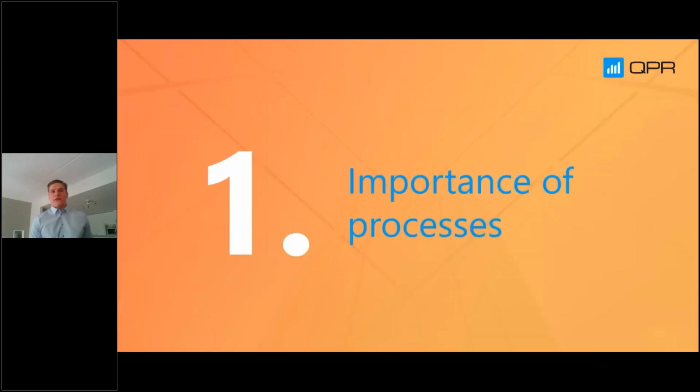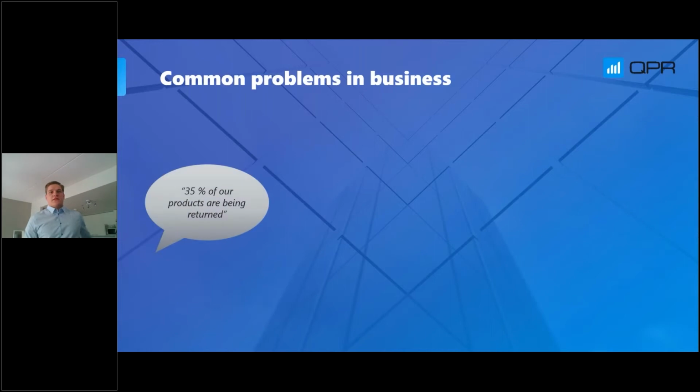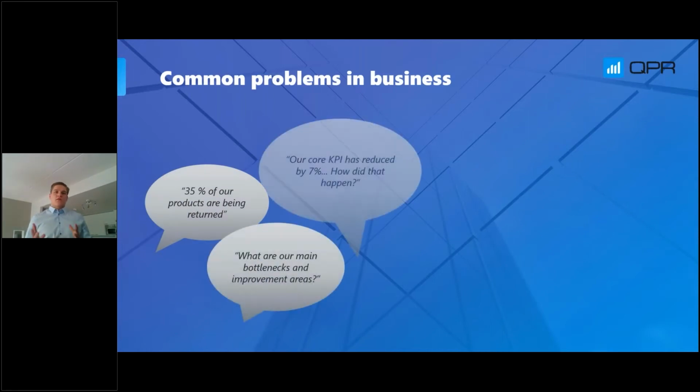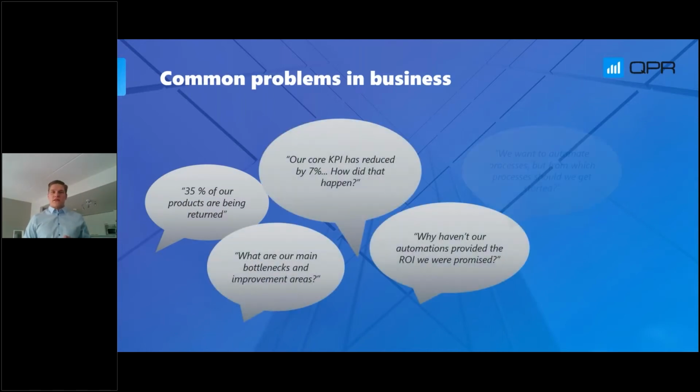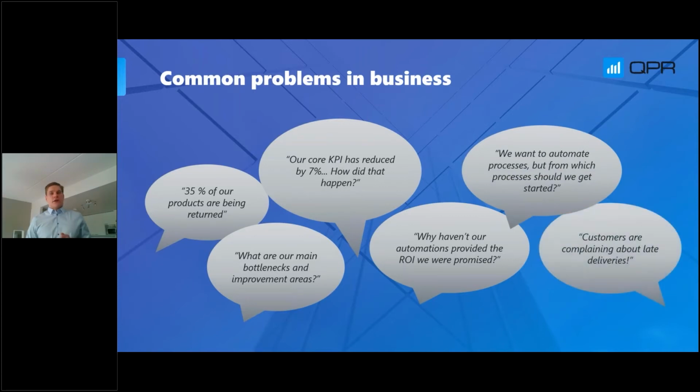So firstly, why they are important. These are some typical problems in business. You may not be getting the best out of your automation, or you don't know where to start, or maybe your customers are telling you that they received the wrong products or they weren't delivered in time.